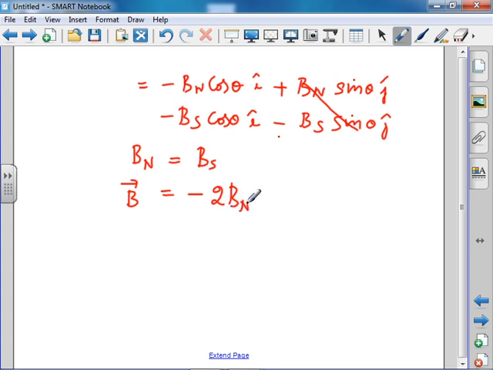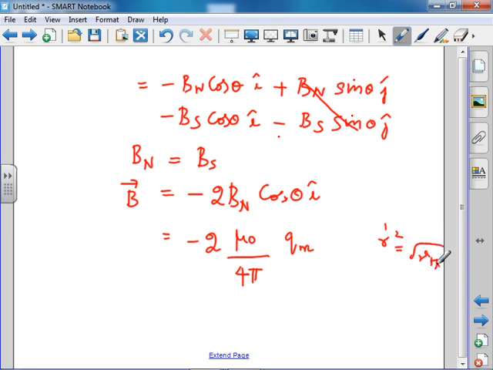So it is added, the same only. Since both are the same, we get minus 2 Bn cos theta i cap. So we know already what Bn is, the magnitude according to Coulomb's inverse law. That's equal to minus 2. Instead of Bn we substitute mu naught by 4 pi Qm divided by r dash square. We know already r dash, it is the square root of r squared plus L squared.